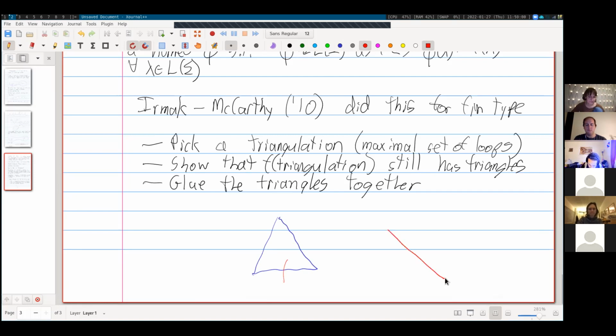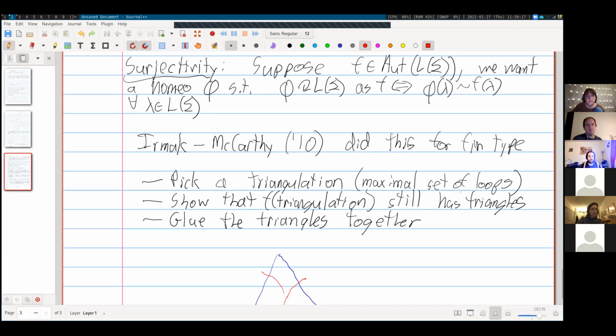Has to also pass through either this guy or that guy. There's no other way out of the triangle. So that sort of convinces you.